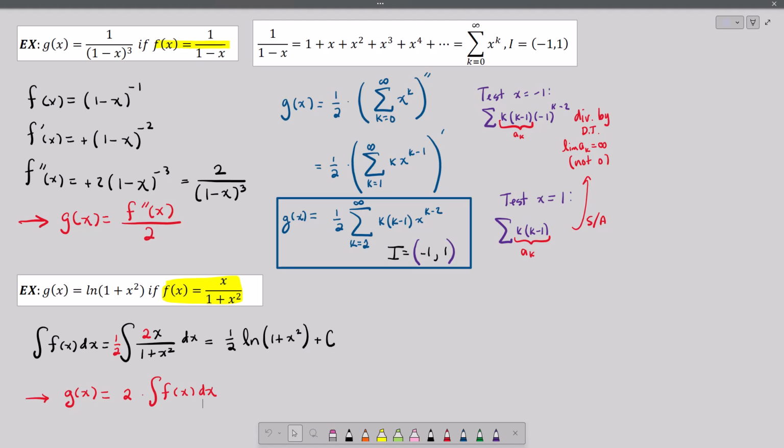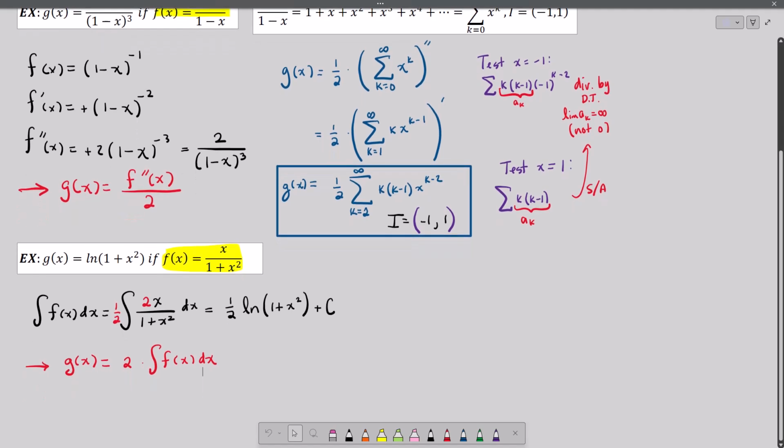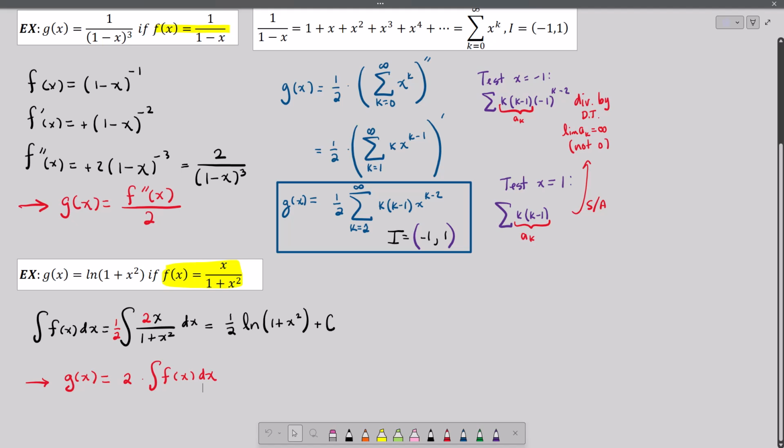So what we can do first is replace all the x's with negative x squared. So I'm going to come up here and replace the x's with negative x squared. So it's still going to start at 0. And we're going to replace the x with negative x squared. And we'll deal with the interval of convergence also.